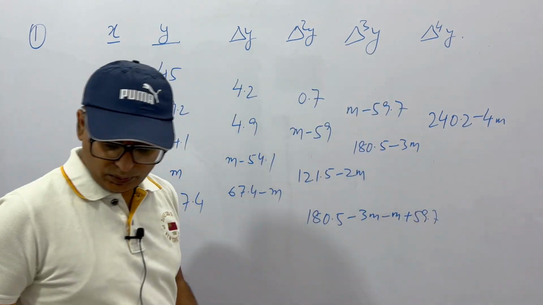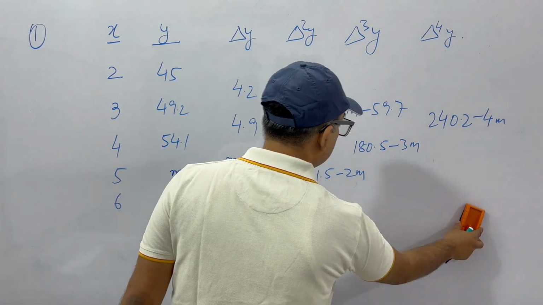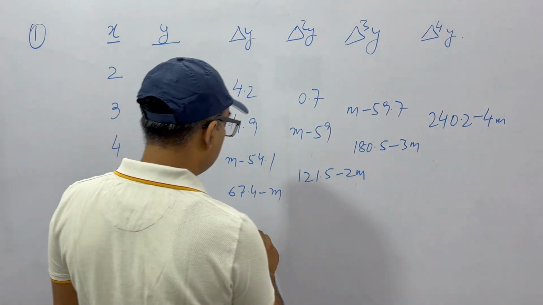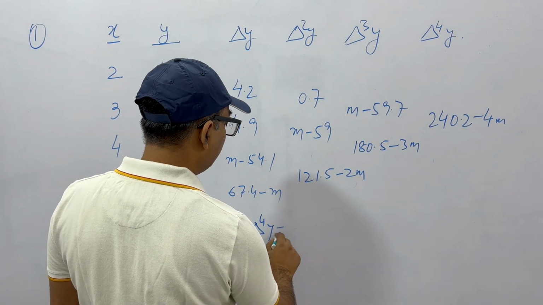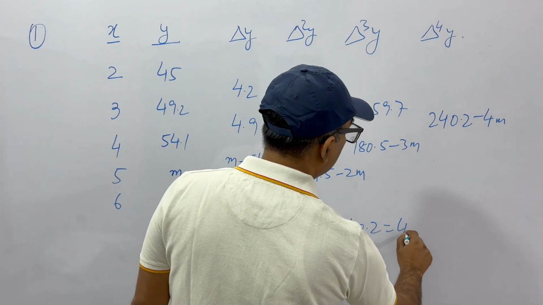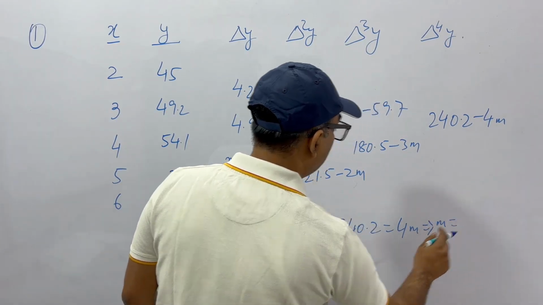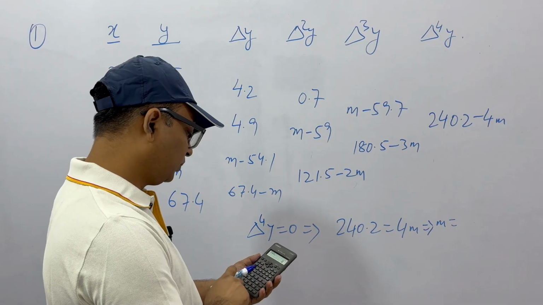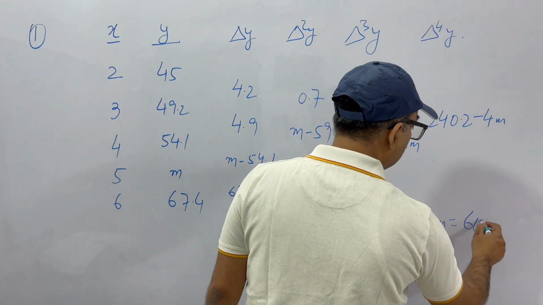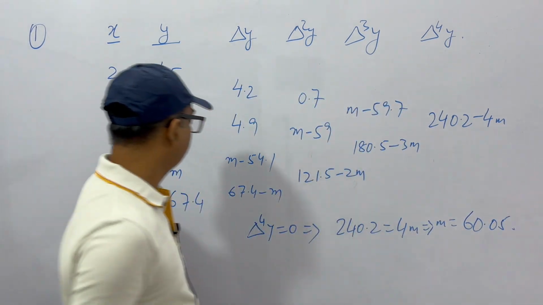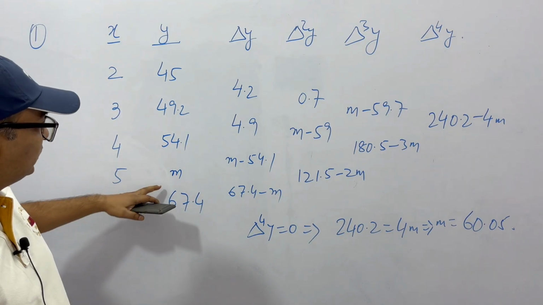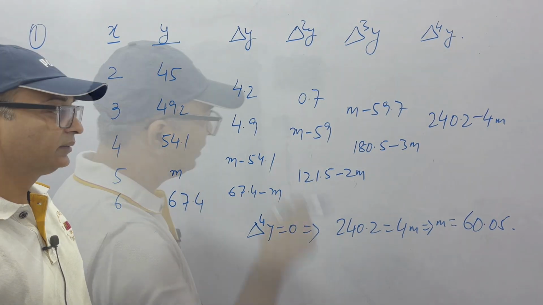Now, as I told you, since we have 4 entries, delta 4 of y will be equal to 0. This implies 240.2 is equal to 4m. From here we get the value of m equal to 240.2 divided by 4, that is 60.05. See, this is increasing, so it seems correct.